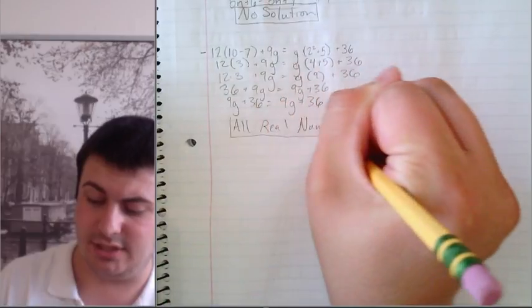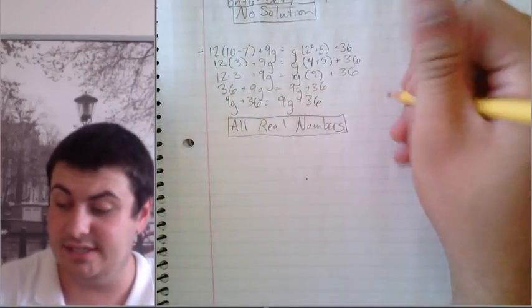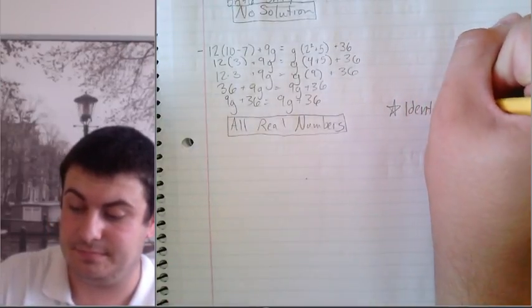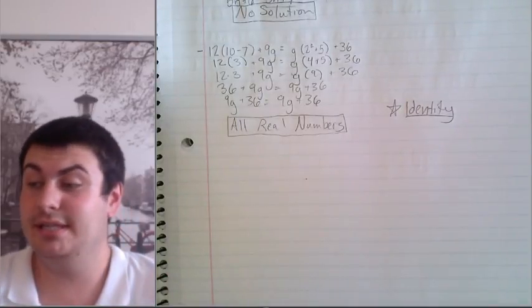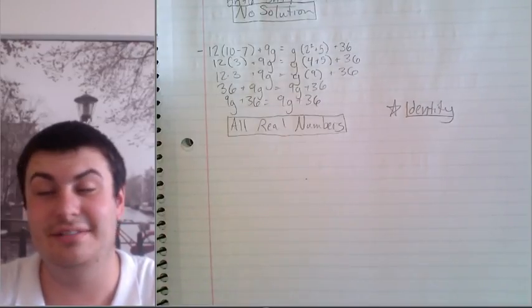This is what's called an identity. If the solution would give you all real numbers, it's what's known as an identity. The equation is true for every value of the variable.